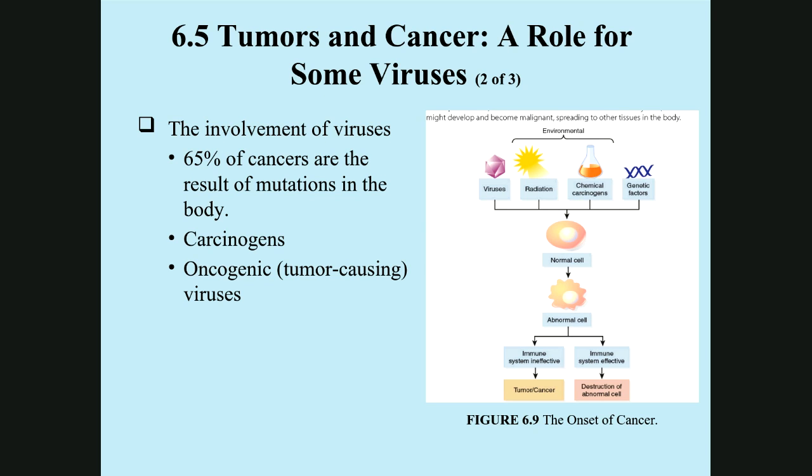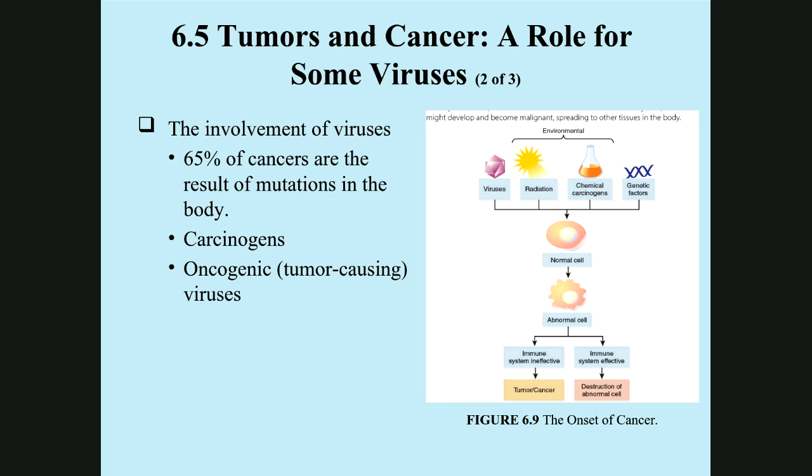Now, first off, we do have materials that are called carcinogens that are just things that cause cancer. Carcinogens are anything that causes cancer. So that could be like ultraviolet light, radiation from a nuclear power plant, certain chemicals, if you ever see those little stickers for known to cause cancer.